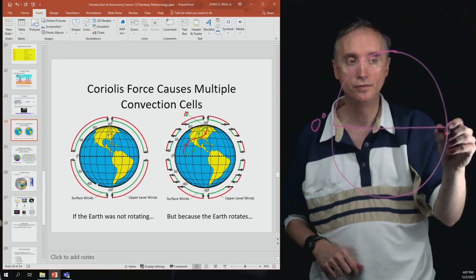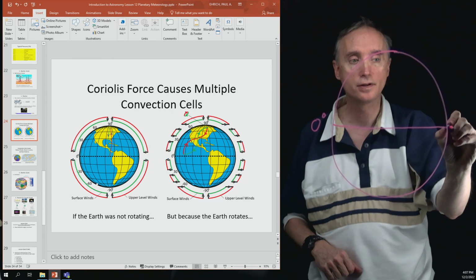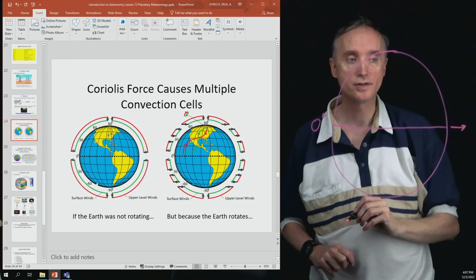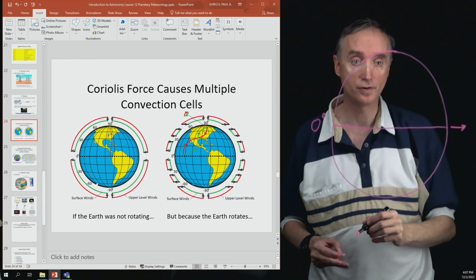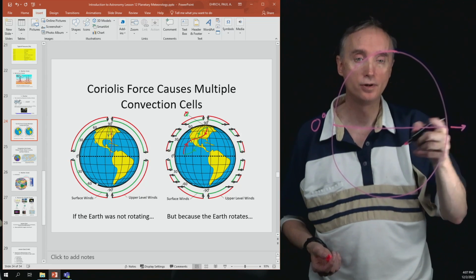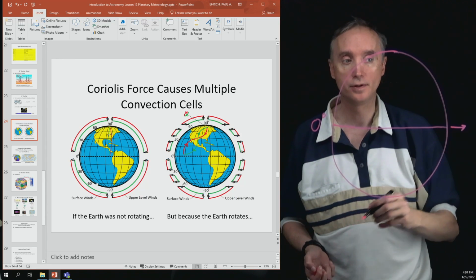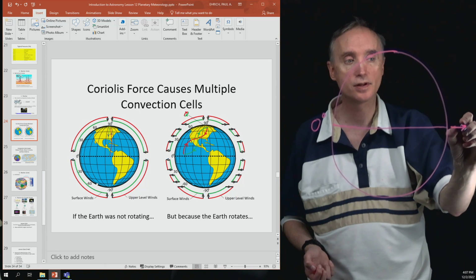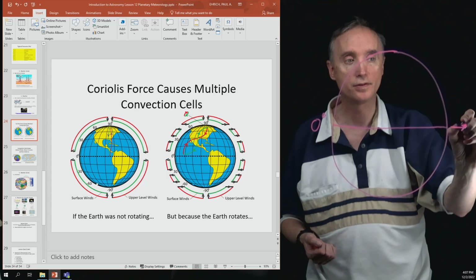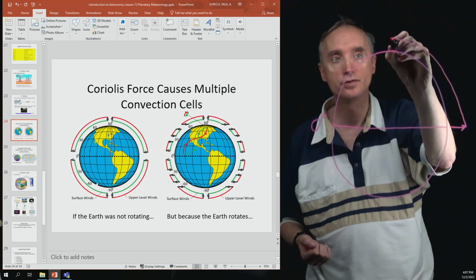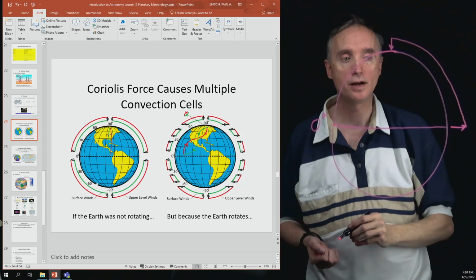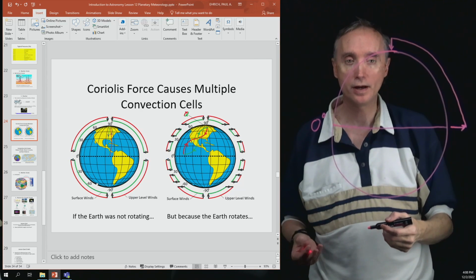So from the side view, air is going to rise in the troposphere until it gets to the stratosphere, and then it's got to go someplace because there's more material coming right up underneath it. So this air is going to want to go someplace that is cooler. And so it would travel to the North Pole, and then it would come back down again because there's more material coming up from behind it.